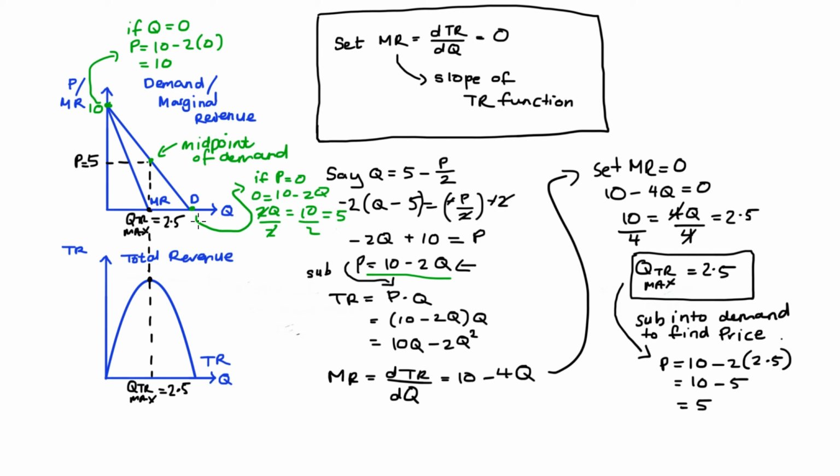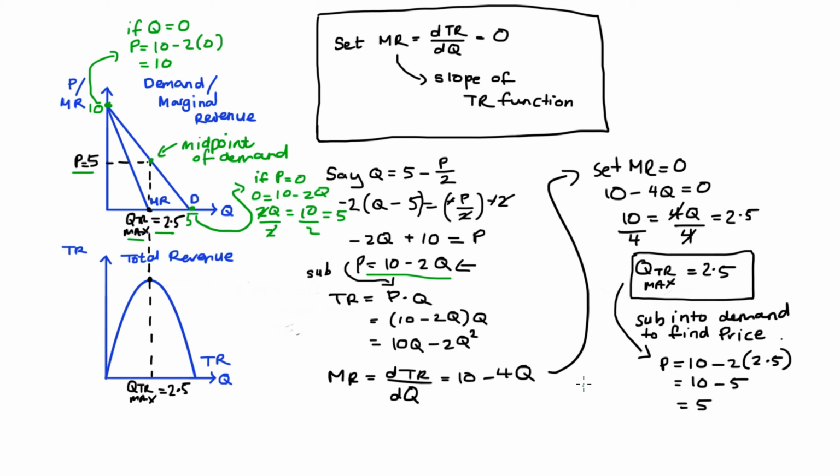And so what I wanted to show you is that the point that we found previously, 2.5, is exactly at the midpoint of the demand curve. We can see that because 2.5 is exactly halfway between the origin and 5, and 5 is exactly halfway between the origin and 10.